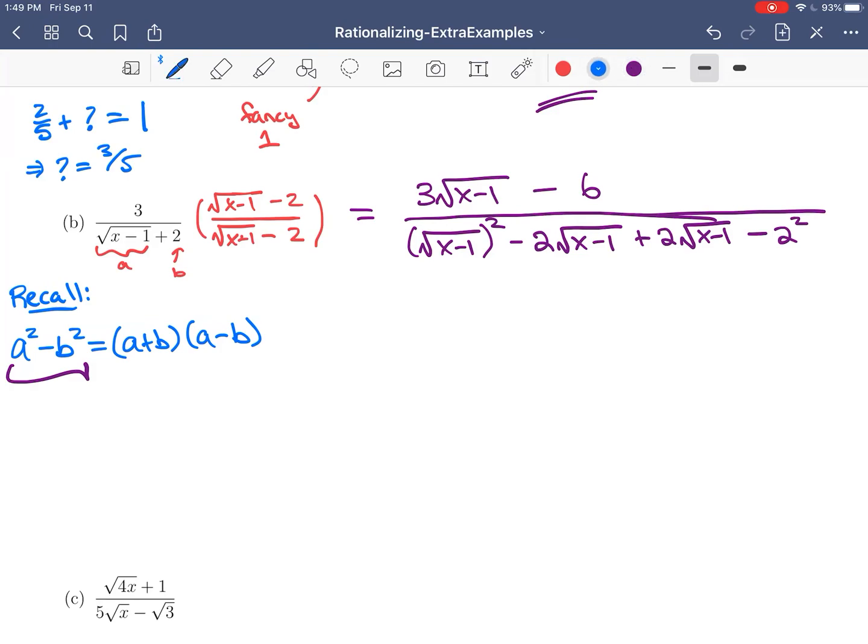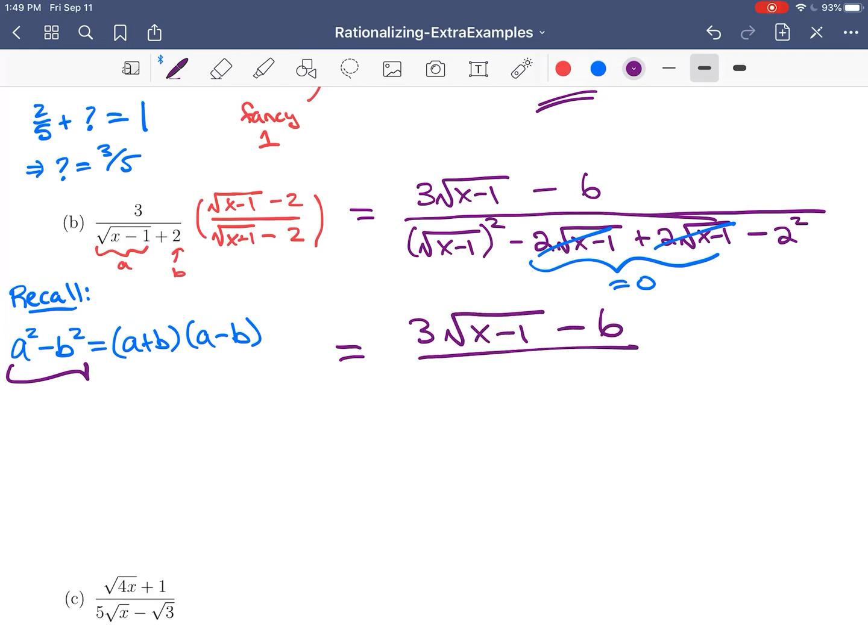And now we see that these middle terms are the same but opposite signs, so they equal 0 and disappear. So we have 3 root of x minus 1 minus 6 on the top. And now you see that we have our a squared minus our b squared. That always happens. That's why we do this.